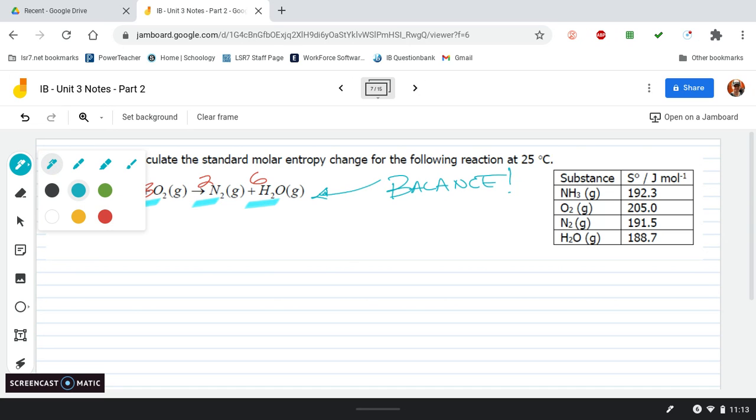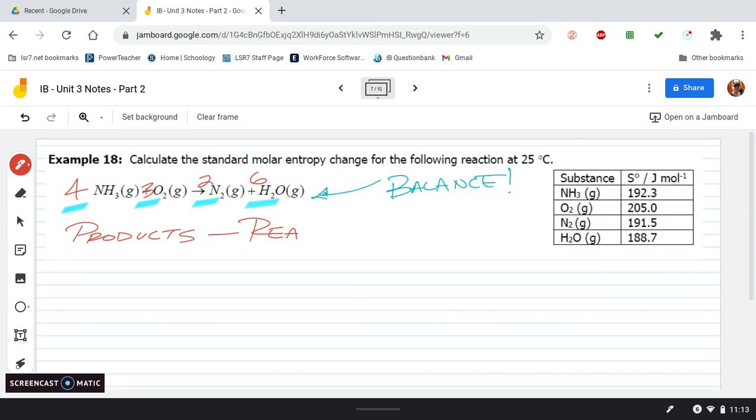Okay, here we go. Hopefully you remember the trick. Products minus reactants. All right, so here we go. Let's run it through. So we're going to start with the nitrogen, the 2 nitrogens, and it's right there. So I'm going to go 2 multiplied by 191.5. And let's look at the water.